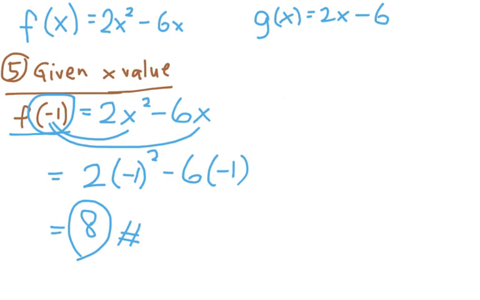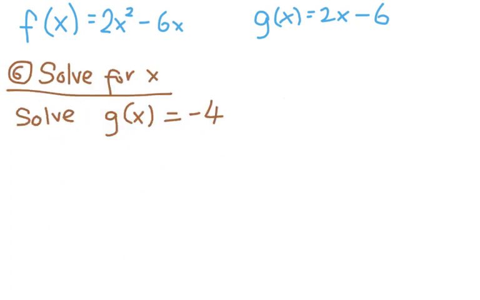Then let us go with the last part for function, which is solve for x. Let's say we are given the example: solve g equals negative 4. The keyword here is solve.